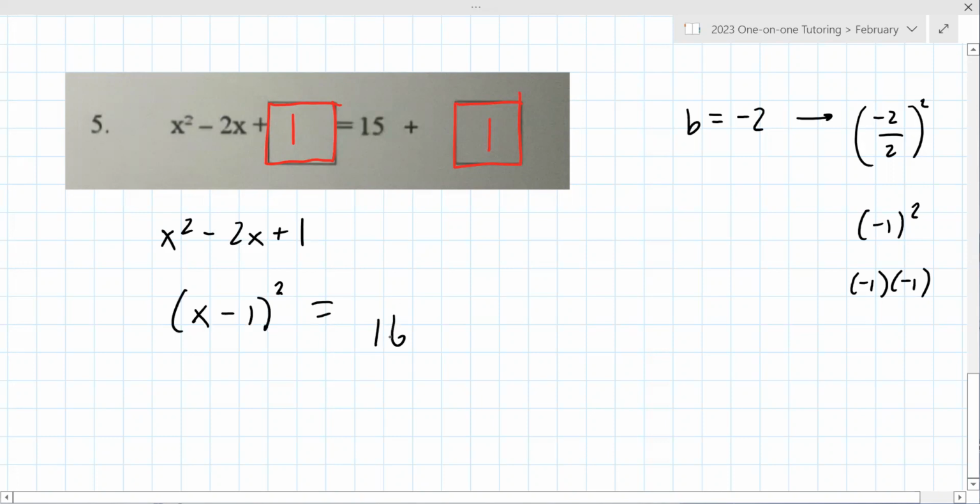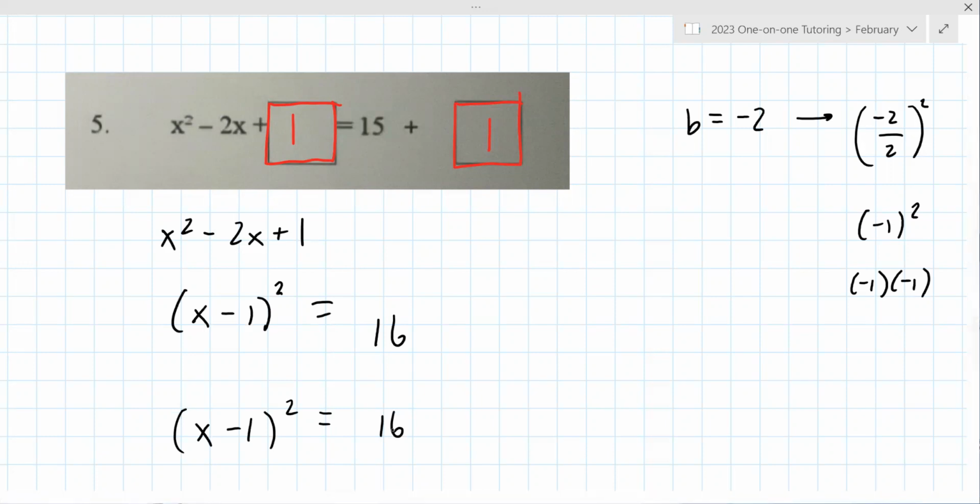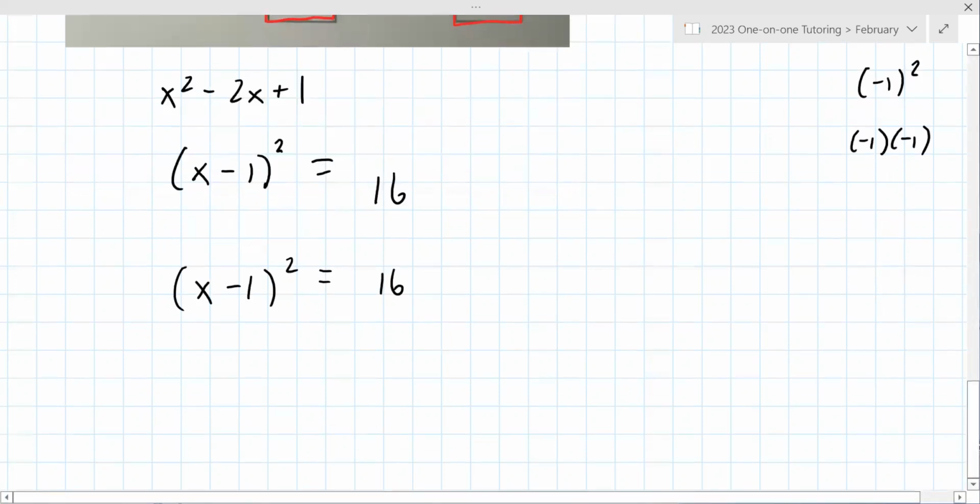Okay. Do you remember what we do at this step here? I know it's a lot to keep remembering, but you take the square root of both sides. On the right, it's plus or minus.